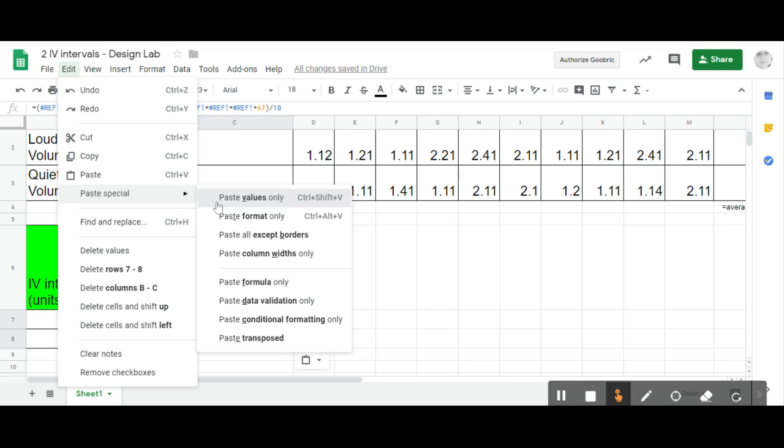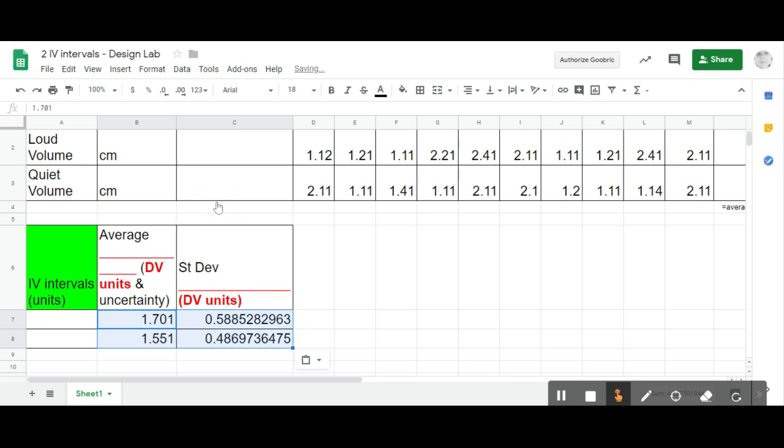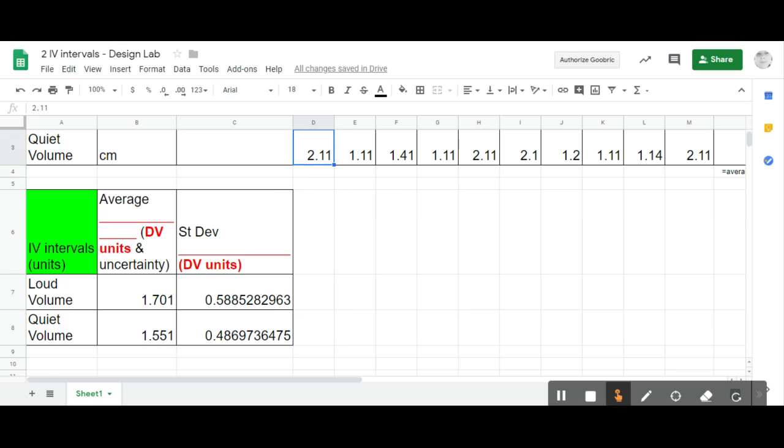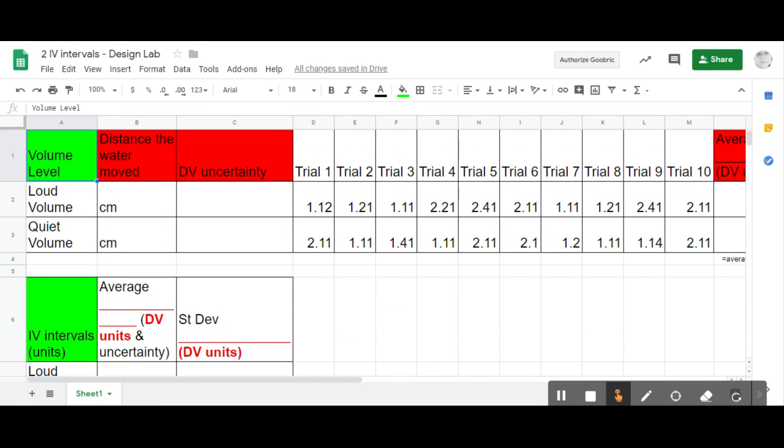When I do that, my numbers appear, right? I'm going to go and get my labels from above. So I'm going to copy those. You can use Control-C if you want to copy here as well, and Control-V, because those are going to copy correctly. And then up above, some other labels.